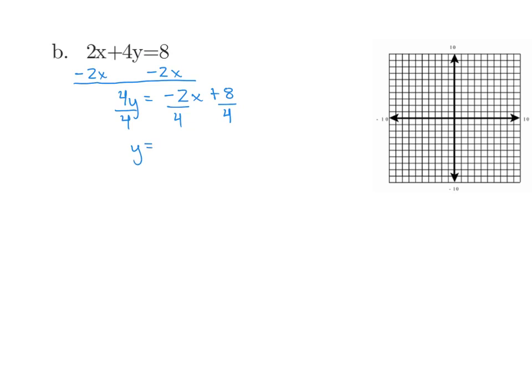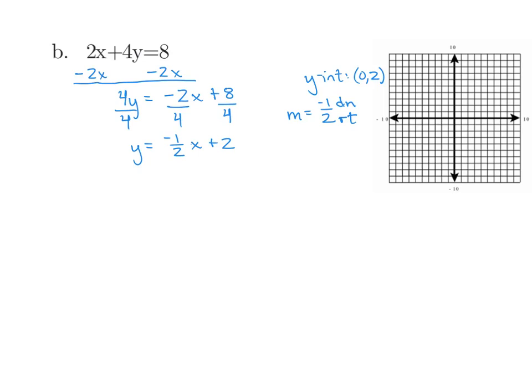If we simplify, we get -1/2 x plus 2. So my y-intercept is 0, 2, and my slope is -1/2. Remember, slope is rise over run, so this tells me to go down 1 and right 2.